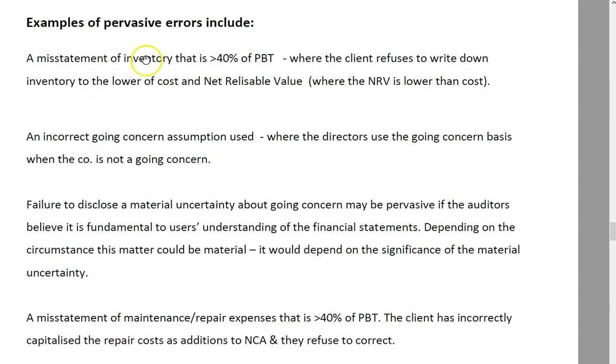So examples of errors, and these are pervasive errors. Where the client refused to write down inventory to the lower of cost and net realizable value. So where the net realizable value is less than the cost for some reason. And then it's pervasive if the misstatement of inventory is greater than 40% of profit before tax. It would be material if it was greater than 5% of PBT, and immaterial if it was less than 5% of PBT. So incorrect going concern assumption used would be an error.